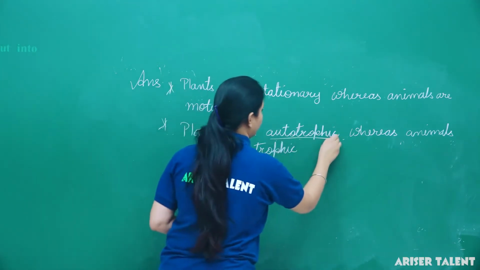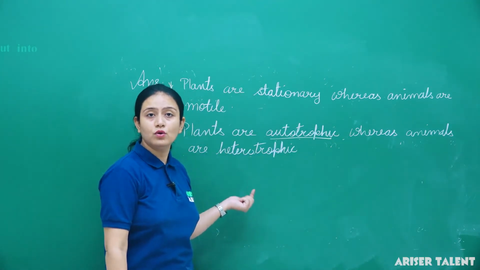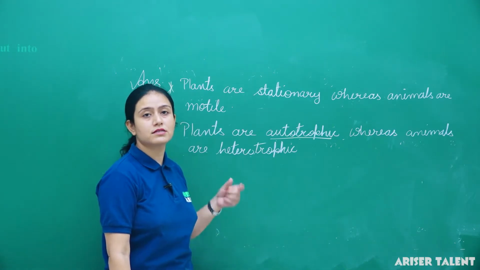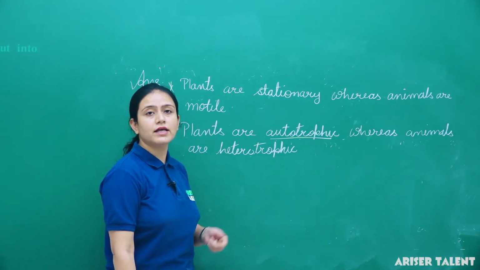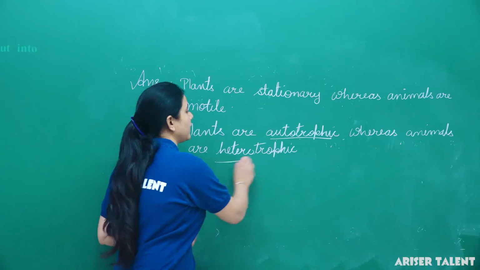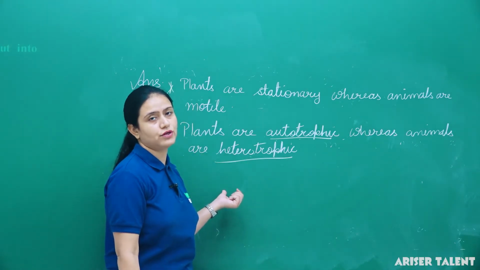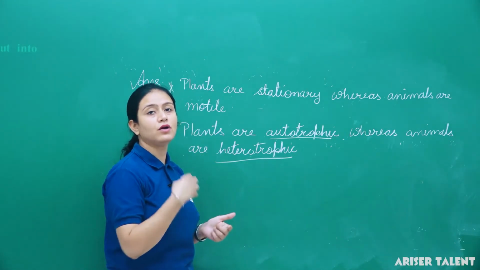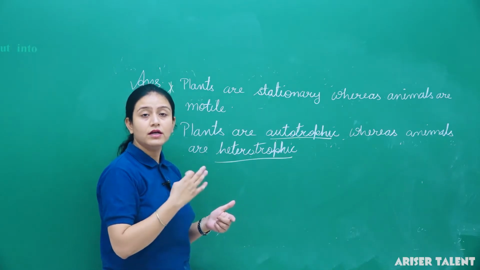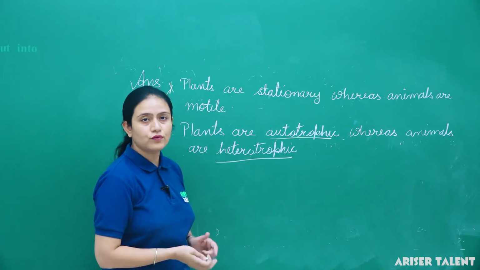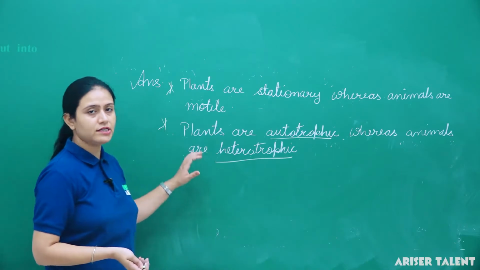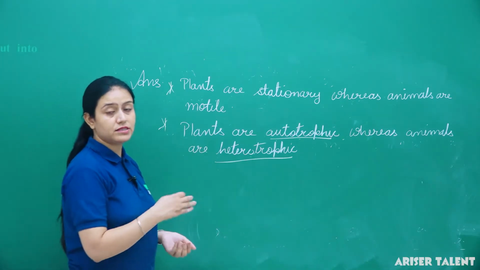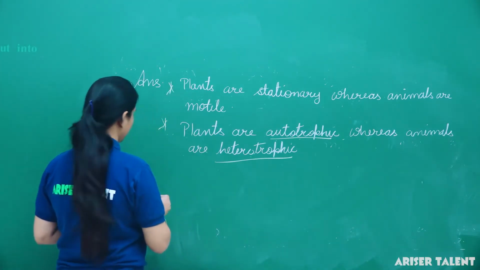Plants are autotrophic, meaning they can synthesize their own food by the process of photosynthesis. But animals are heterotrophic because they cannot make their own food as they do not have chlorophyll. So they depend on other animals or on the environment for their food. So these are the dissimilarities. On the basis of these dissimilarities, they were kept in different groups.